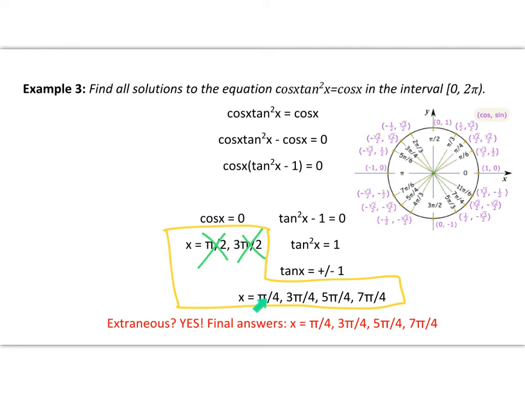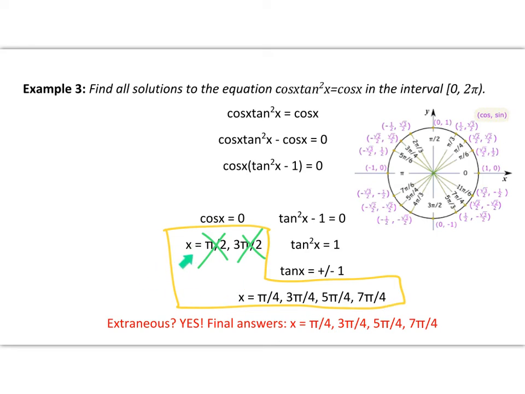When I go to check the others, all of the pi over 4s produce root 2 over 2 or negatives, right? So cosine is always going to be either root 2 over 2 or negative root 2 over 2. Tangent is always going to be 1 or negative 1. And squaring 1 or negative 1 gives me positive 1. So none of these are part of the problem.